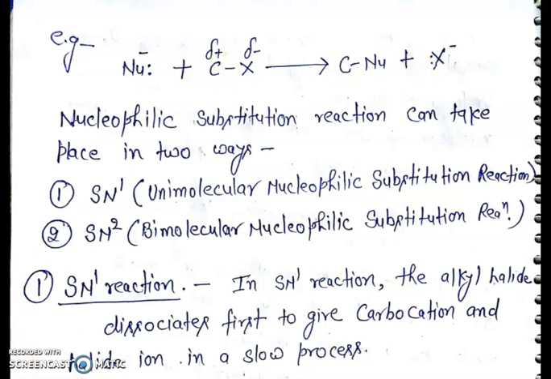Nucleophilic substitution reaction can take place in two ways. First, SN1 reaction, that is unimolecular nucleophilic substitution reaction, and the second is SN2 reaction, that is bimolecular nucleophilic substitution reaction. First, SN1 reaction.